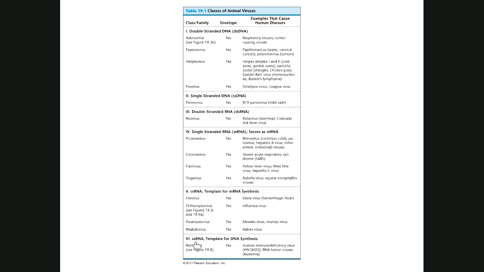It also has its genetic information stored in the form of single-stranded RNA, just like class 5 and class 4. But notice something. This is what really surprised researchers, and when researchers discovered this in the 80s, this is where they started to backtrack.